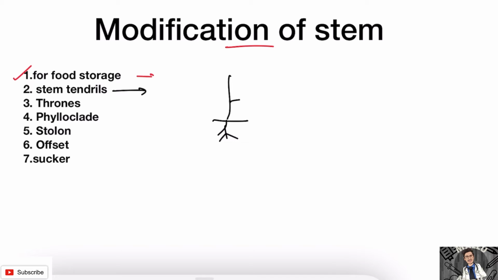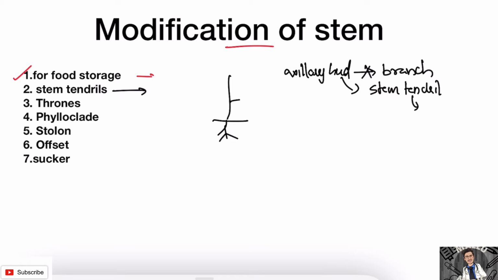The fate of the axillary bud is to become a branch. But if it doesn't become a branch, then it develops into a stem tendril. For what? It helps the plant to climb up.